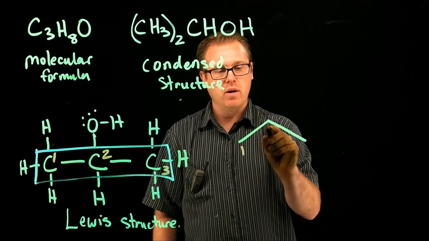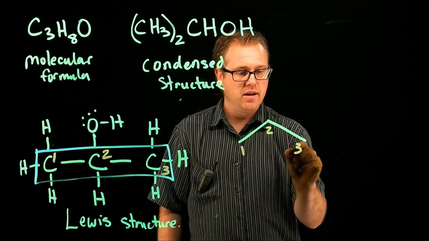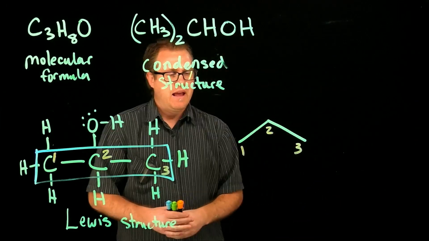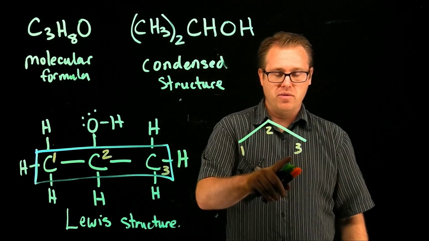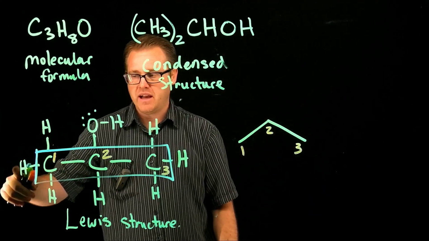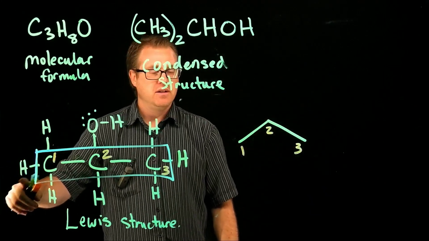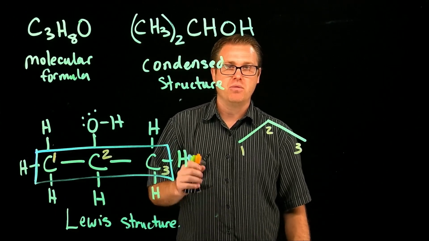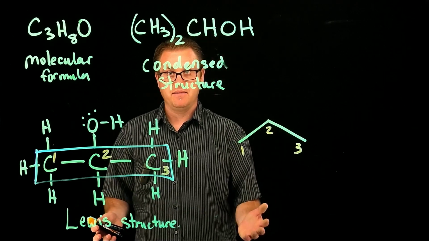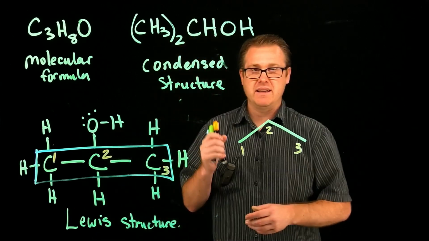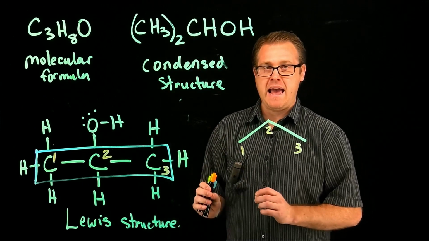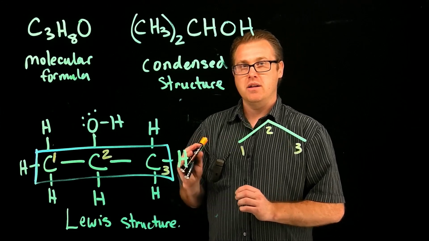And on carbons 1, 2, and 3, I don't draw any of the hydrogens. On zigzag structures, you don't draw hydrogens. They are just implied. Let me restate that: hydrogens attached to carbon atoms are not drawn.